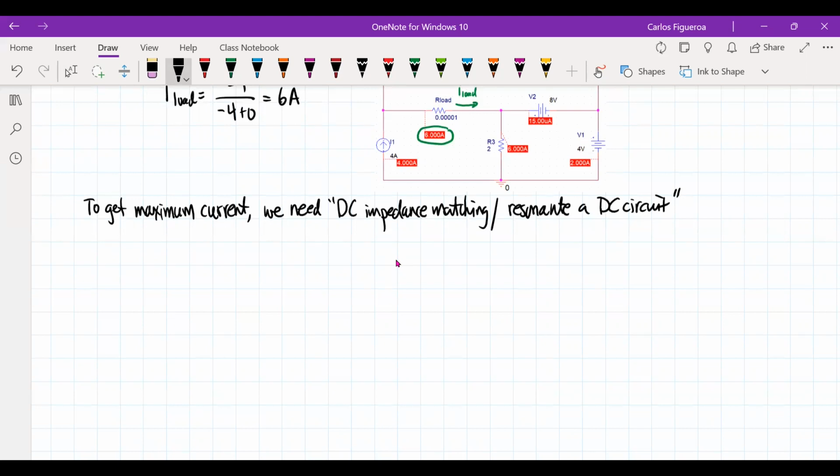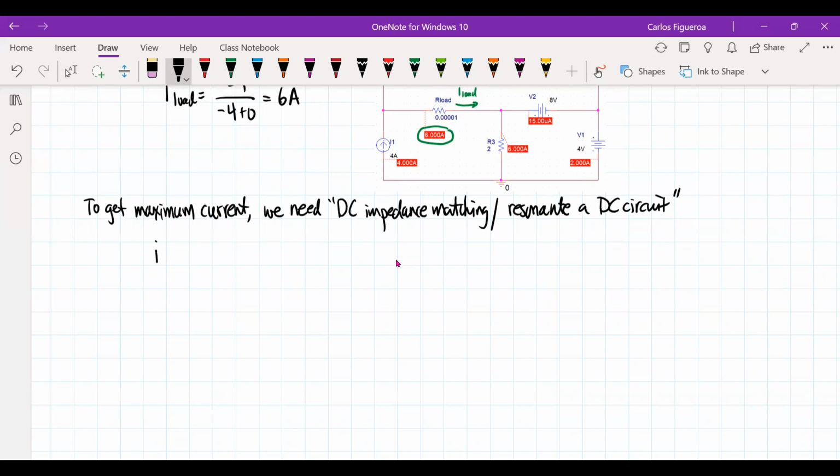But there are no oscillations in a DC circuit. So this is why you're seeing the quotes, because that doesn't make sense. It makes more sense in an AC circuit where you have oscillations.